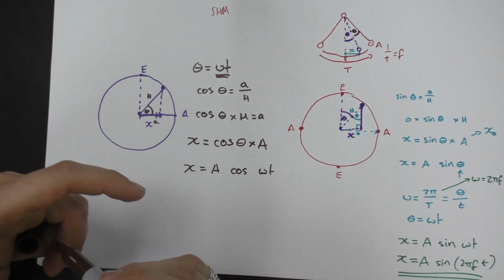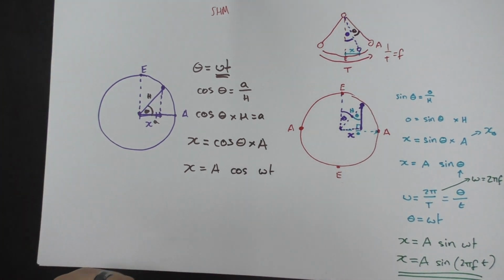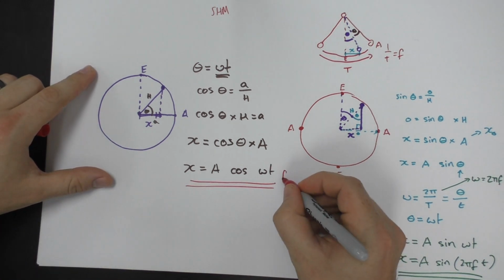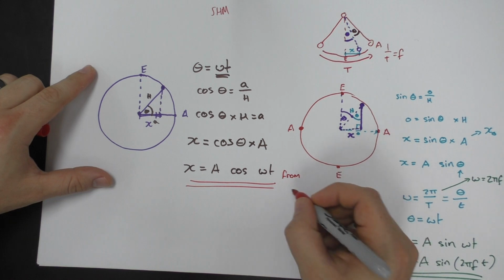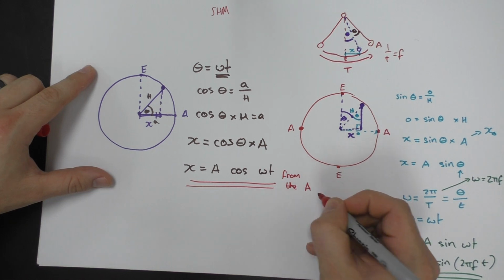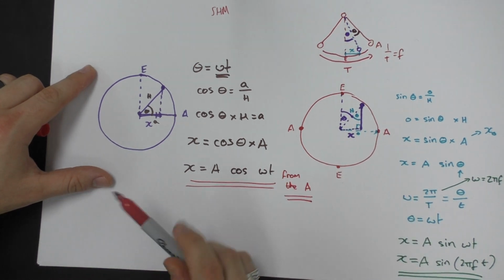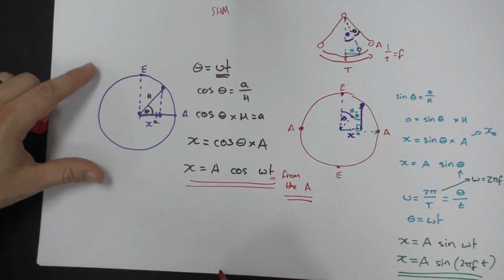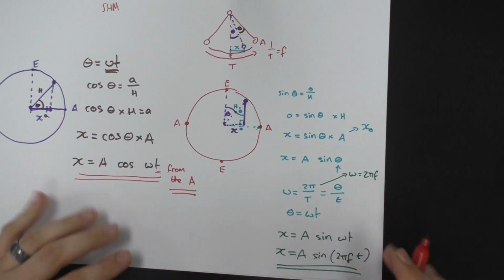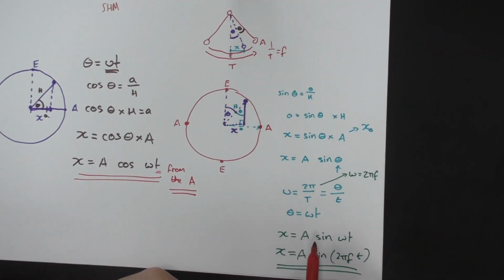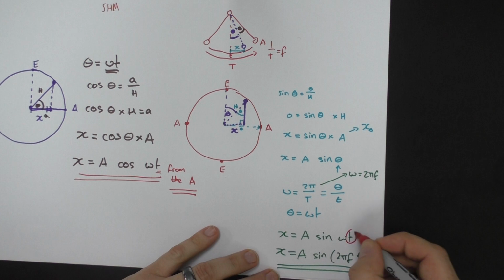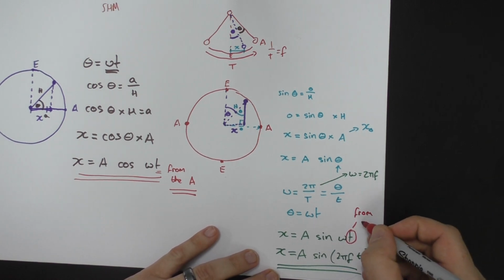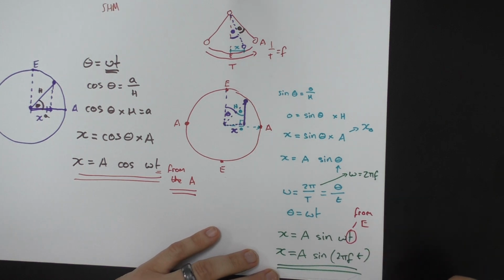Now, this is a big difference, and we're going to make this point before we finish on this video. This is the equation from the amplitude, where the time taken is the time from the amplitude. The equation we derived before, sine omega t, when the time was from the equilibrium.